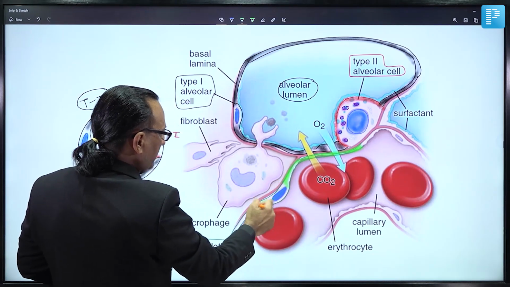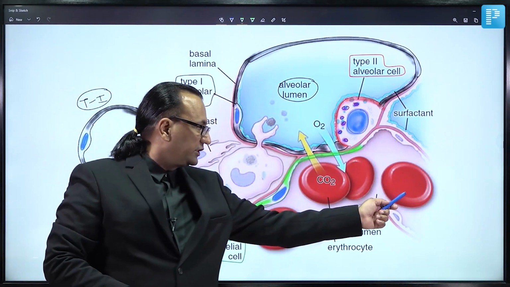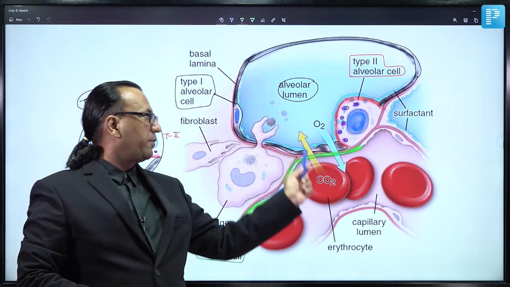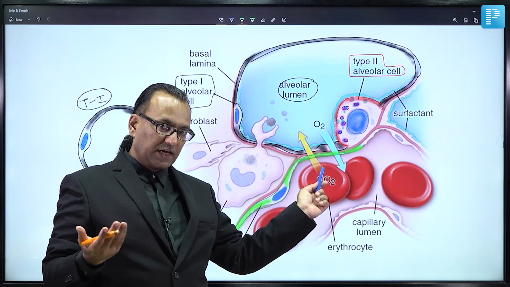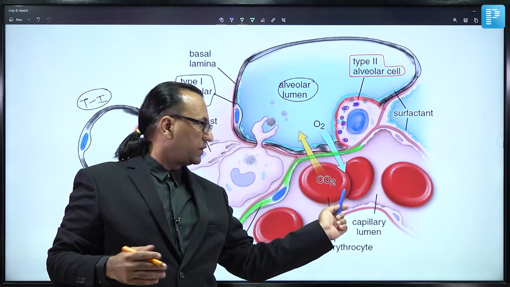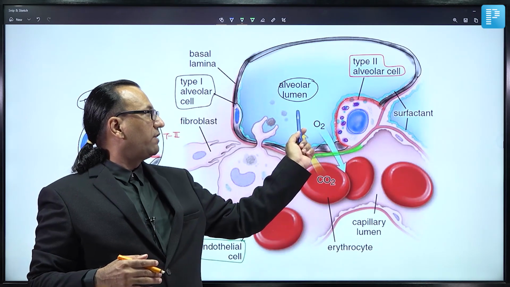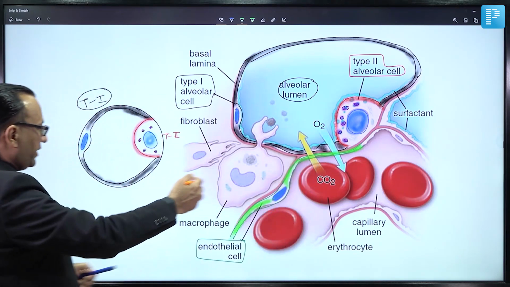So here is the capillary endothelial cell. And within the capillary, we have these RBCs, and this respiratory membrane is now helping us in exchange of the gases. O2 coming out from the alveolus towards the capillary lumen, and from the capillary lumen, the CO2 is moving inside the alveolus.